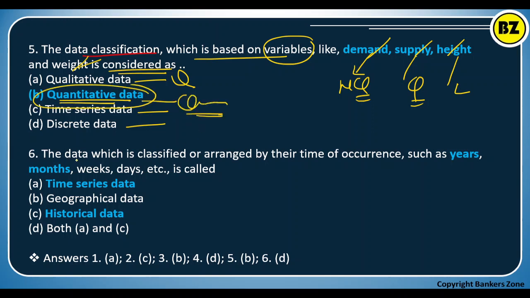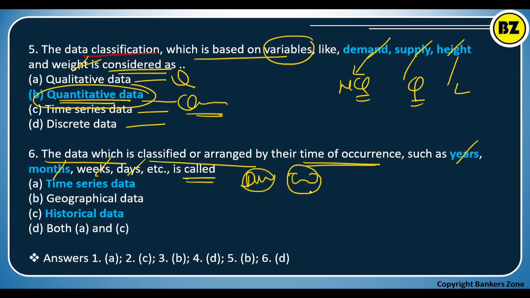The data which is classified or arranged by the time of occurrence, for example years, months, weeks or days, is called what? I have already told you, when time is involved, when data is classified as per years, weeks, months or days, it is called the temporal basis.